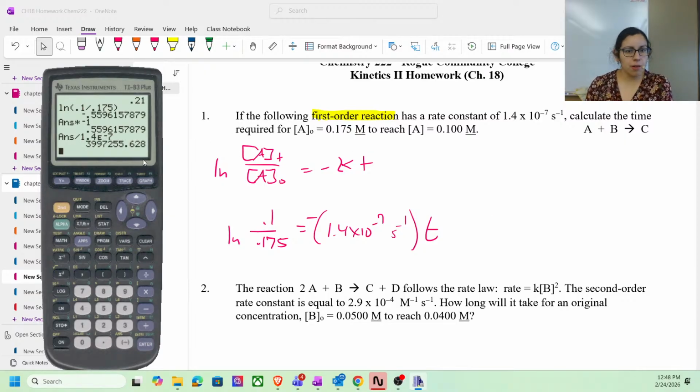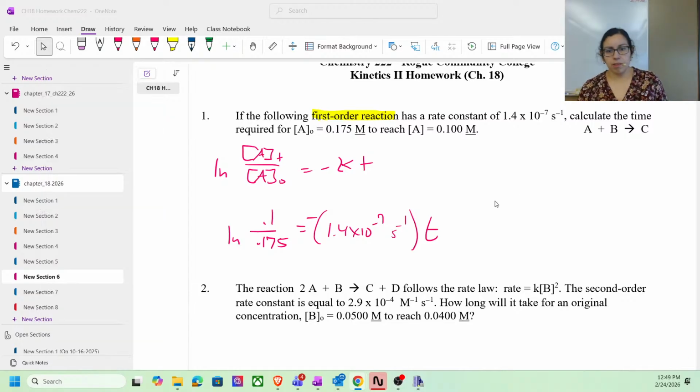And then we have our t, and it is in seconds, given our answer, or our rate. So that's about 4.0 times 10 to the 6 seconds. And I'll just leave it in those units.